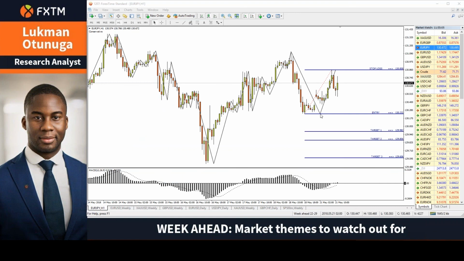I've loaded a Euro Yen chart right now, so let's pay very close attention to how the Euro Yen is playing out. The Euro Yen seems to be under pressure on the hourly.